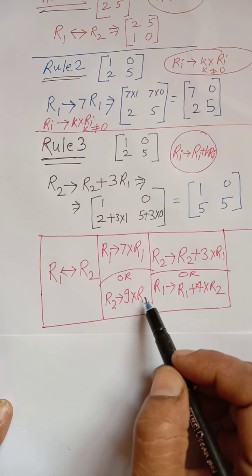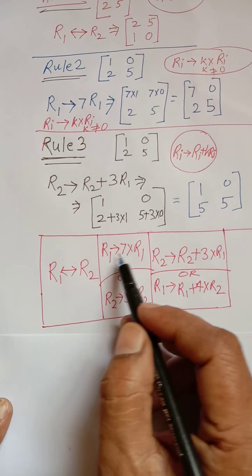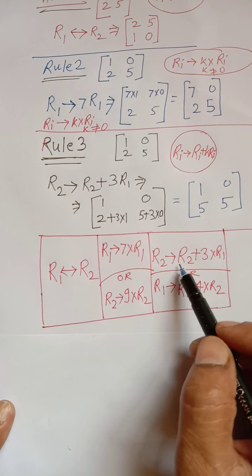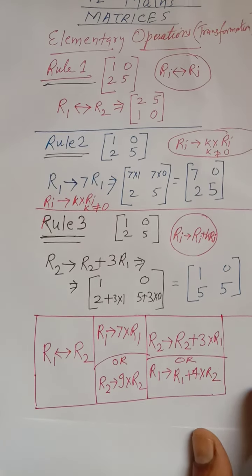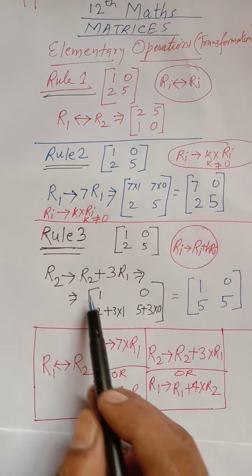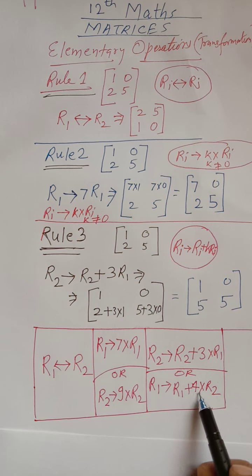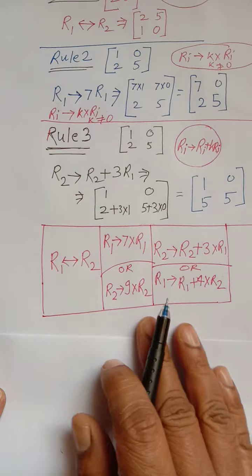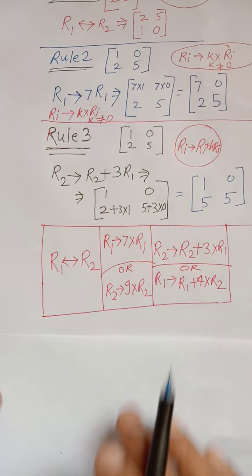You can also do 9 into R2, whatever you like, as per the situation. Here we have taken R1, and here we have taken R2. You can take any row. For example, we have done R2 plus 3R1 here. You can take other things also. To R1 you can add 4 into R2. Whatever number you take, you can do it yourself as per the situation. So this is the rule.